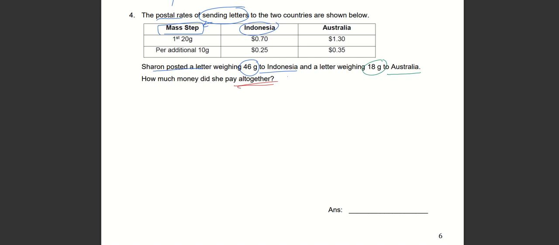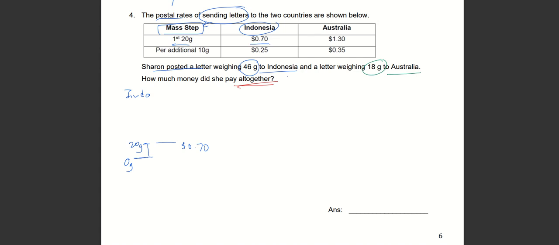If you look at this, and if I have to talk about it in a staircase manner, this is 0 grams, like a weighing scale for the case of Indonesia. Starting at 0, if I weigh something and it's up to the point of the first 20, so this is 20 grams. The first 20 grams, when it reaches 20 grams, I have to pay 70 cents.